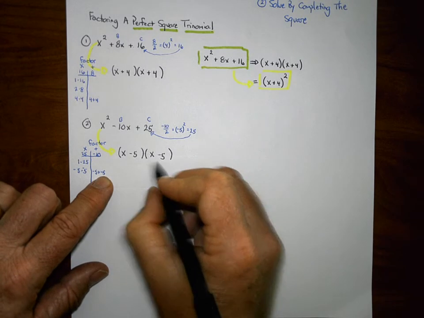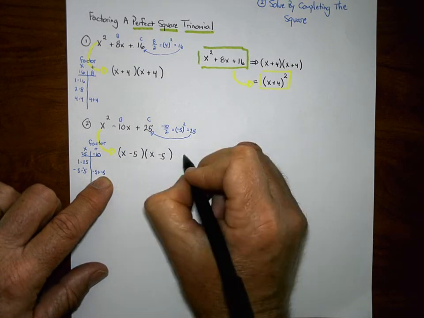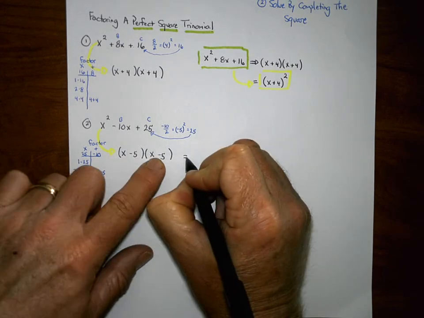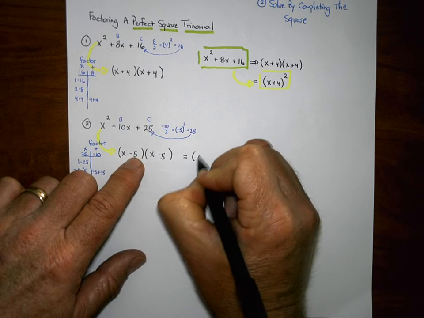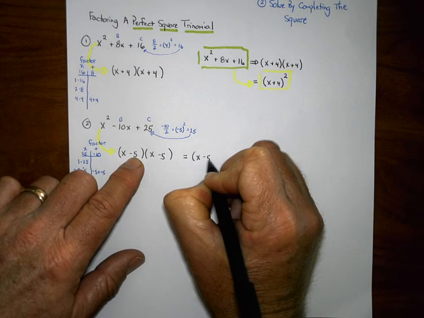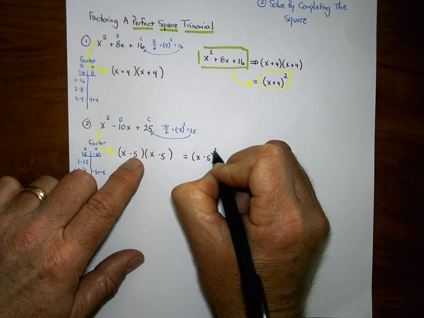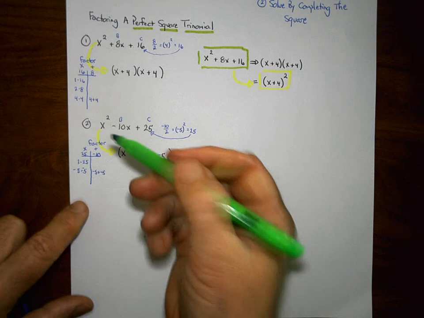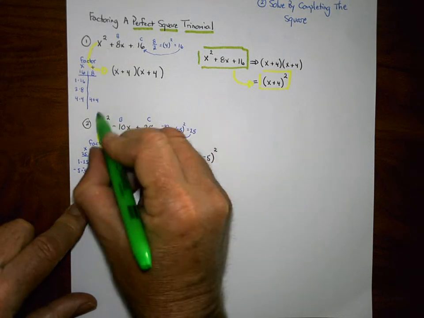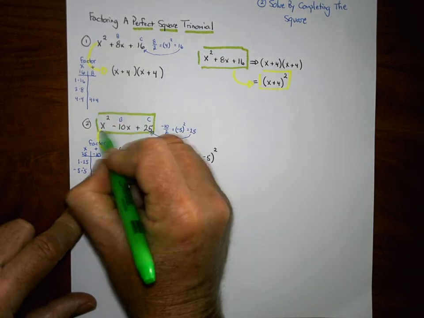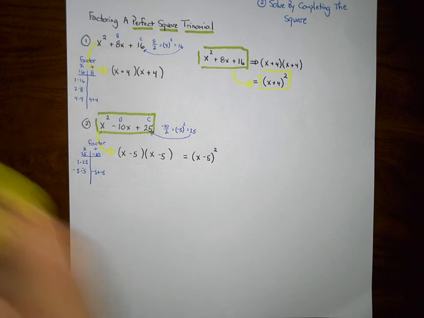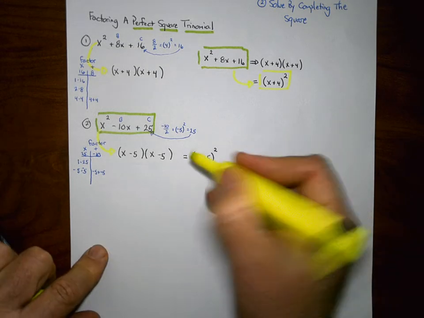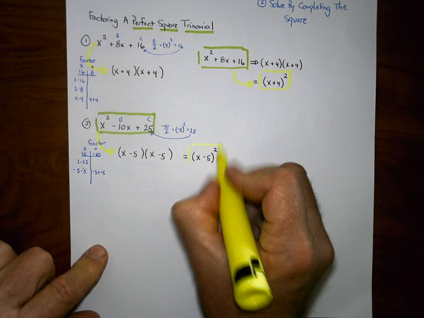So once again, how do we rewrite that? That means we have two sets of x minus 5s, so we are going to have x minus 5 to the second power. So when I start off with the perfect square trinomial, x squared minus 10x plus 25, when I factor it, I get the binomial x minus 5 quantity squared.